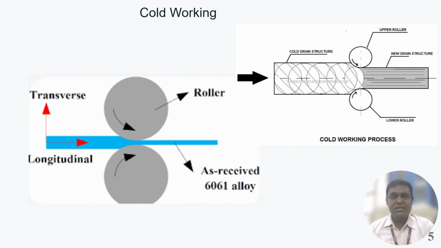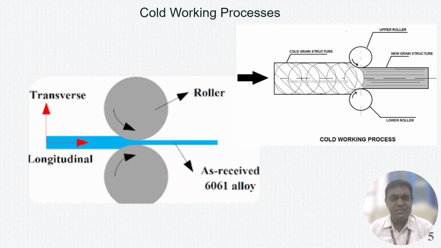Now look at this diagram, the cold working process in general. The material is passing between these two rollers. One roller acts as support, the other roller applies the force, and both rollers are rotating.